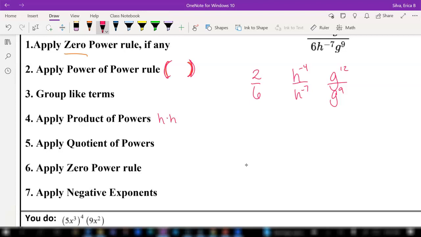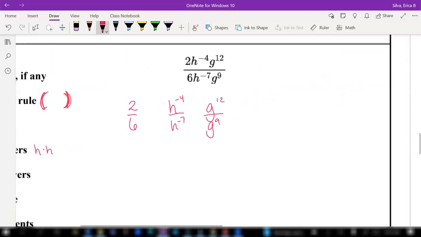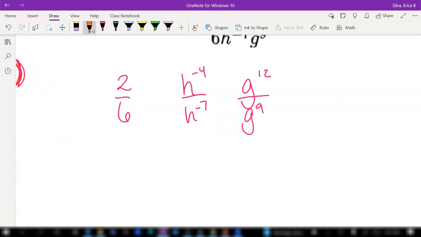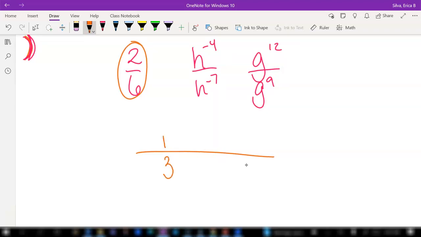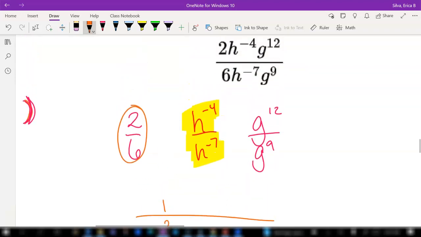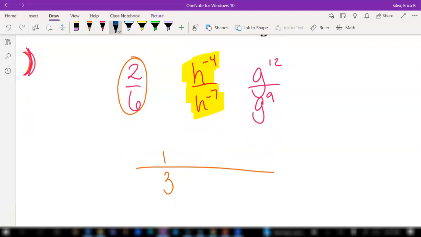Applying the quotient rule. This one we have plenty of quotient rules, and our rule tells us that we need to subtract. So let's go ahead and divide these just like normal numbers. We have 2 divided by 6, which will give us 1/3. And then we have h to the negative 4th divided by h to the negative 2nd. For this one, we're going to subtract.